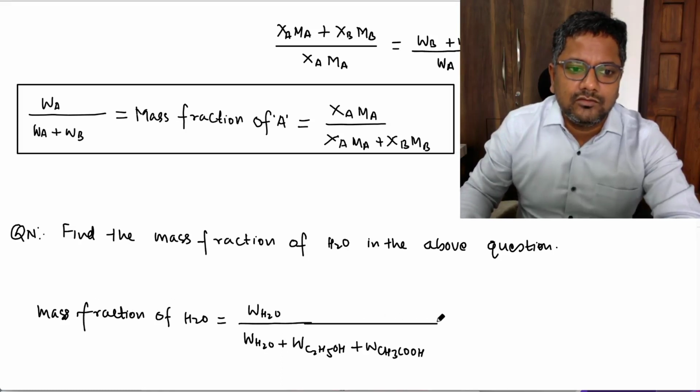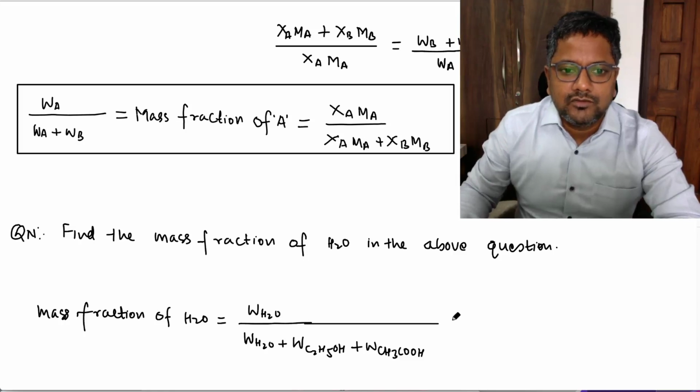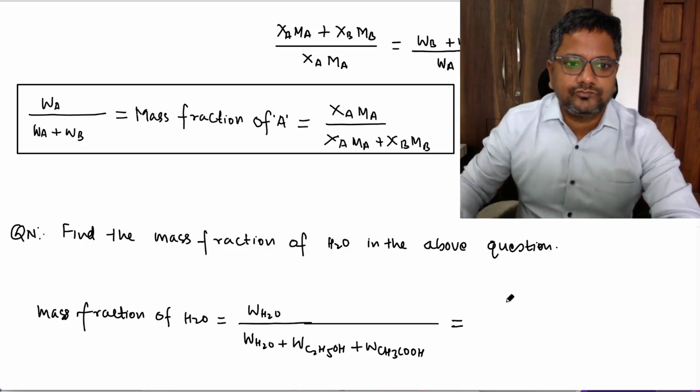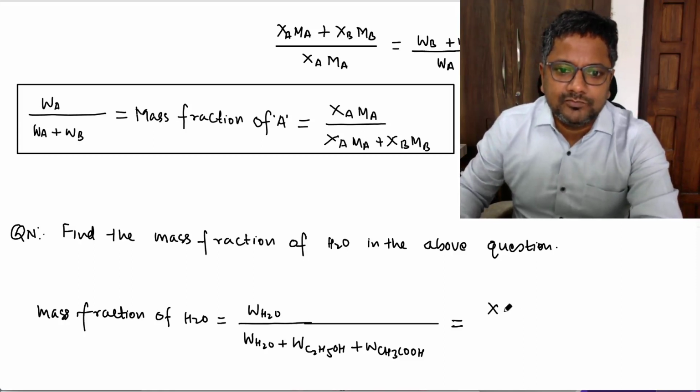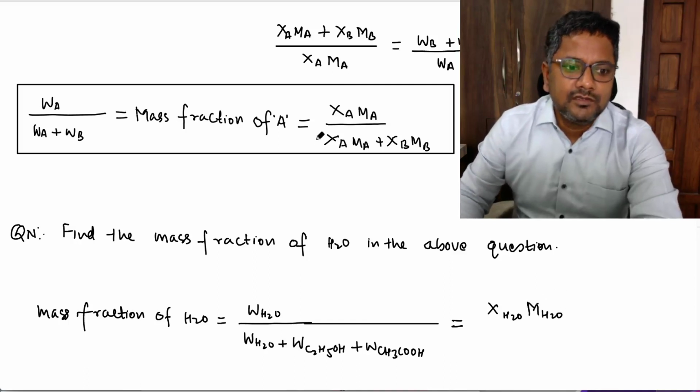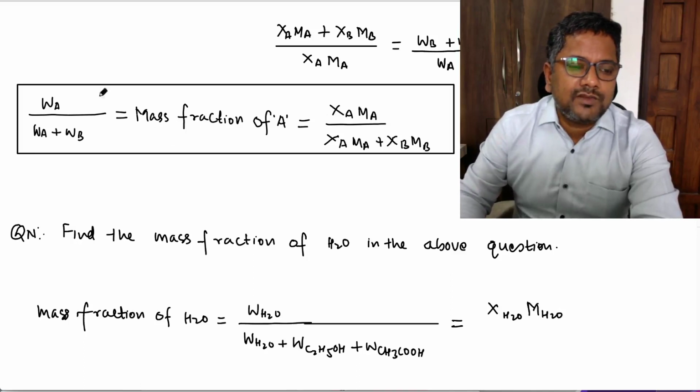So now you can write here mole fraction of water into molar mass of water. See here, mass fraction of A is the mole fraction of A into Ma.